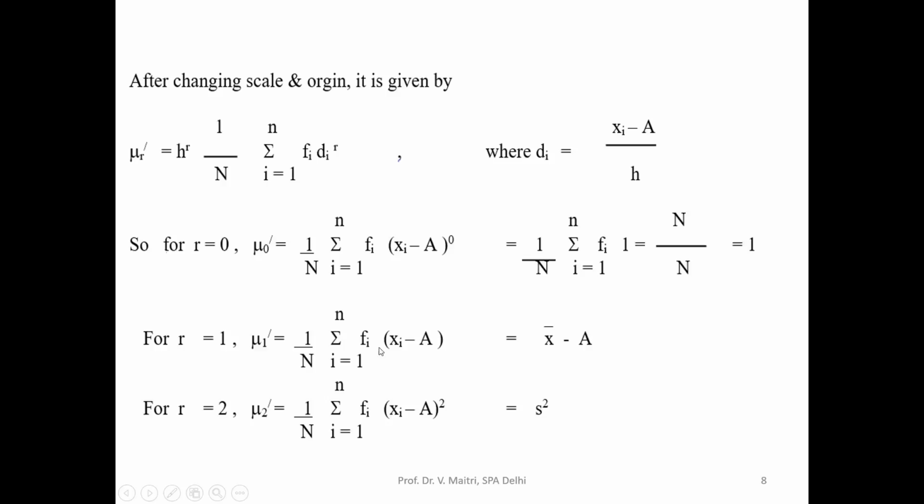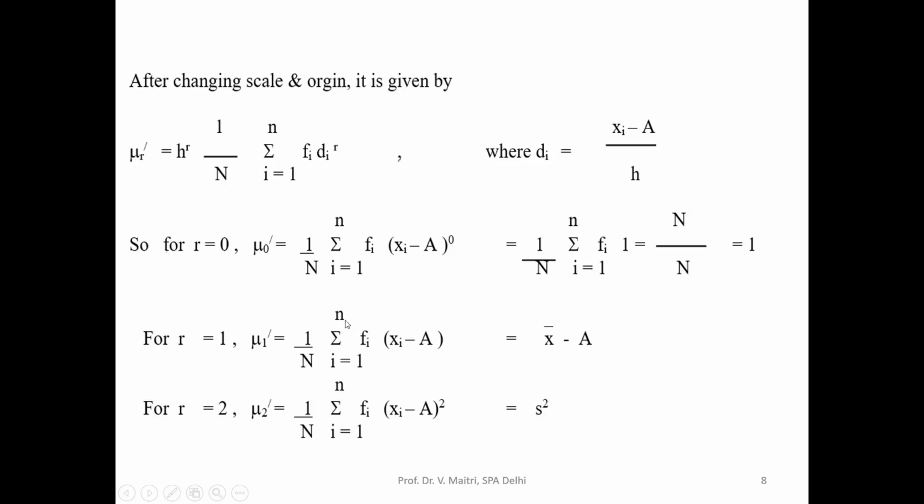So the sum of f i by N is 1, and it is nothing but x bar. Just expand it: sum of i going from 1 to n of f i x i divided by N, minus sum of i going from 1 to n of f i a divided by N. Here a is a constant, so a will come out, the 1 by N will cancel, and it will leave a.